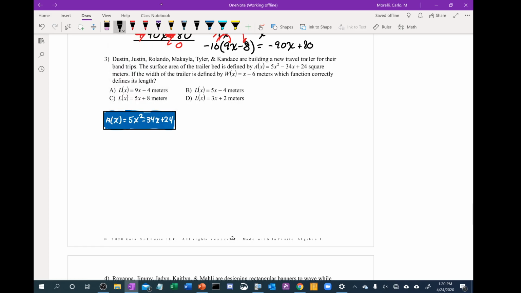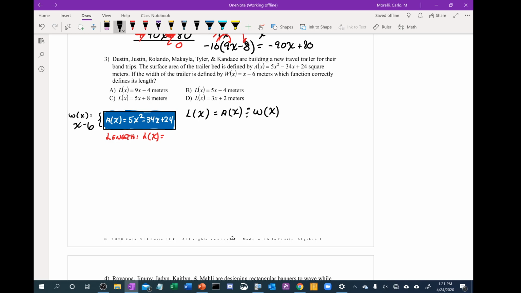Fair enough. And then what else do they give us? Looks like they give us the width. So this little piece here, W of x equals x minus 6. So what we're trying to find in this problem is the length. So the length is equal to L of x, which we don't know, and that's what we're going to find. The area formula that we'll use is L of x equals A of x divided by W of x. So that's length equals area divided by width.